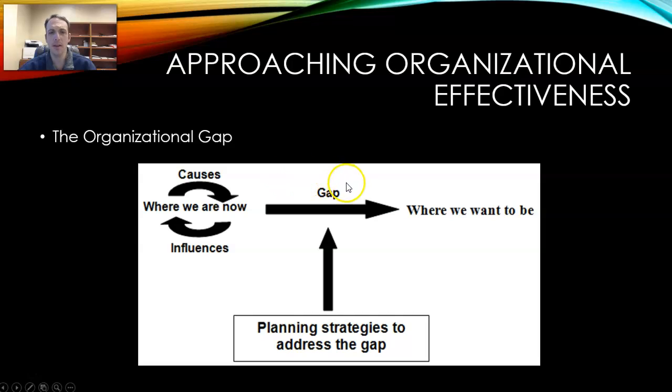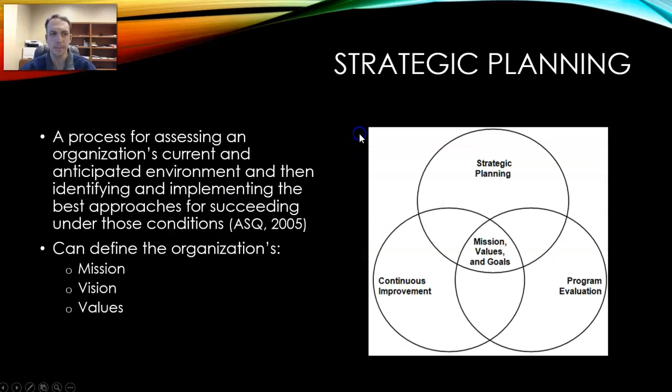And so organizational effectiveness is about this change. When we talk about strategic planning as opposed to long-term planning, we're talking about bridging this gap, trying to move from where we are now to where we want to be, as opposed to just planning for continuing where we currently are.